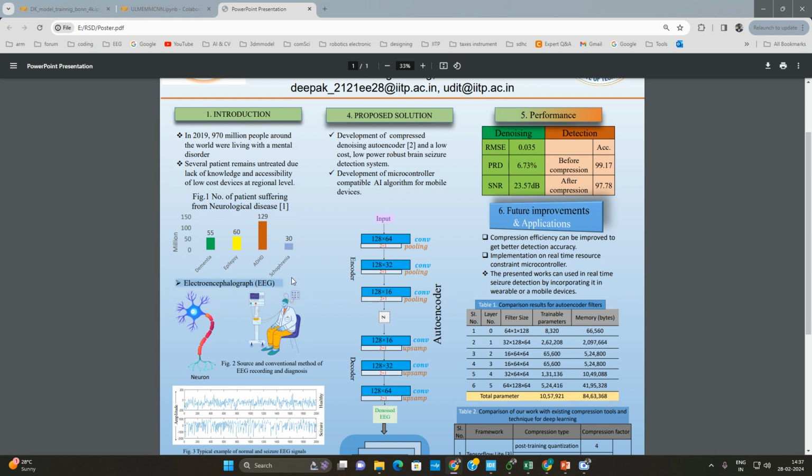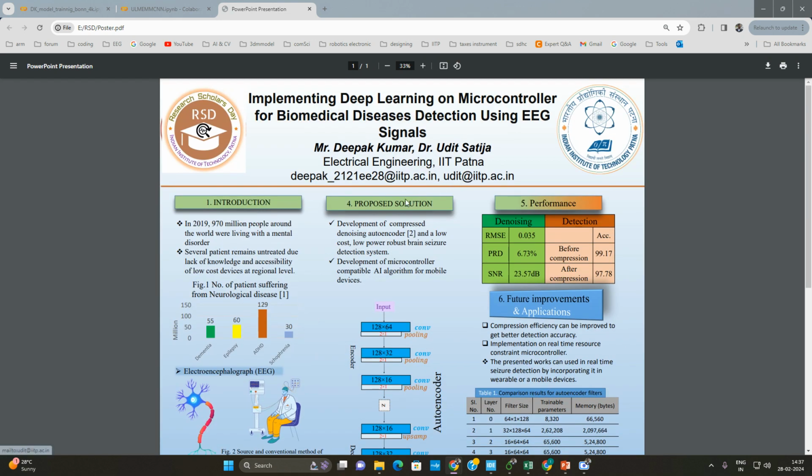So my approach is to use these EEG signals and propose an automated device that can alert such patients before or during the seizure, so that the patient becomes active or conscious before it happens.